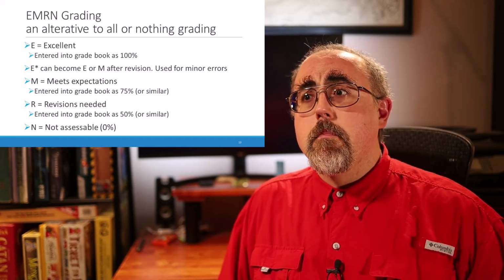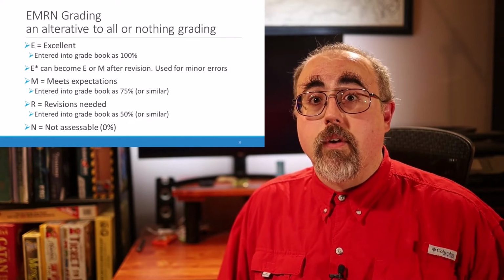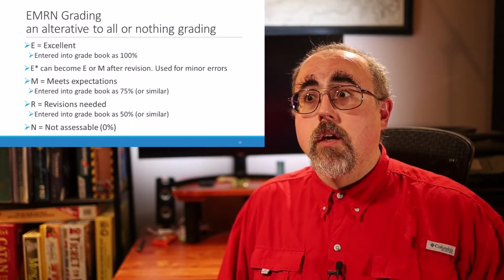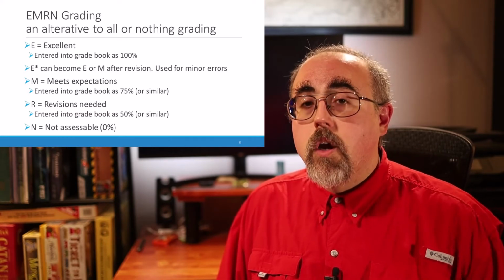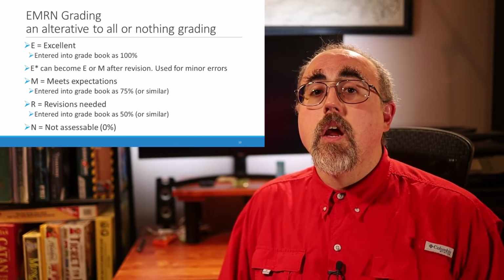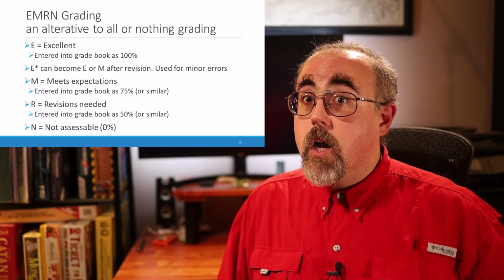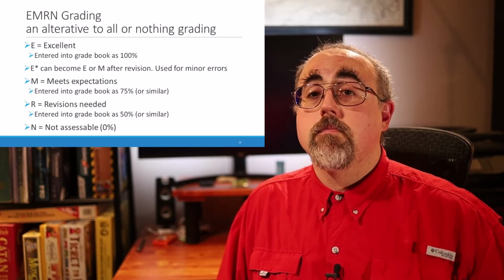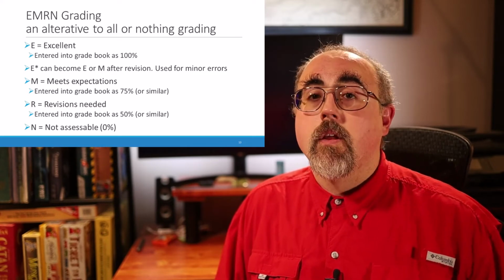So this gives you a little bit more fine gradation, but it's still very coarse gradation. So you're not doing, say, 75.3 versus 75.4. You're not trying to really narrow it in on this particular assessment. You're just doing a very general, it's really good, it's okay, it's not good, I can't grade this.